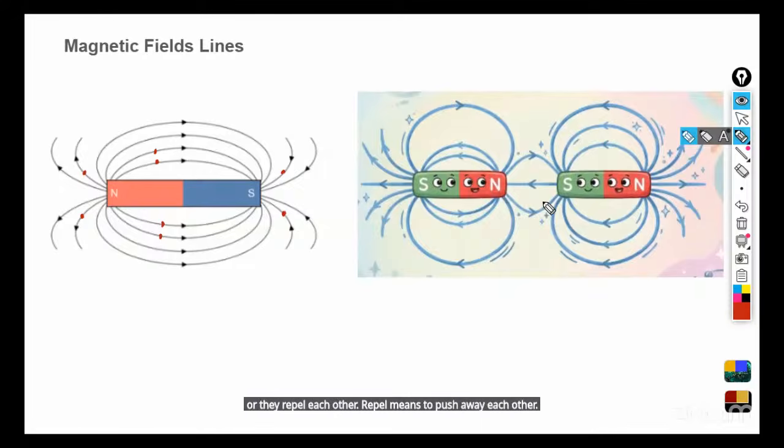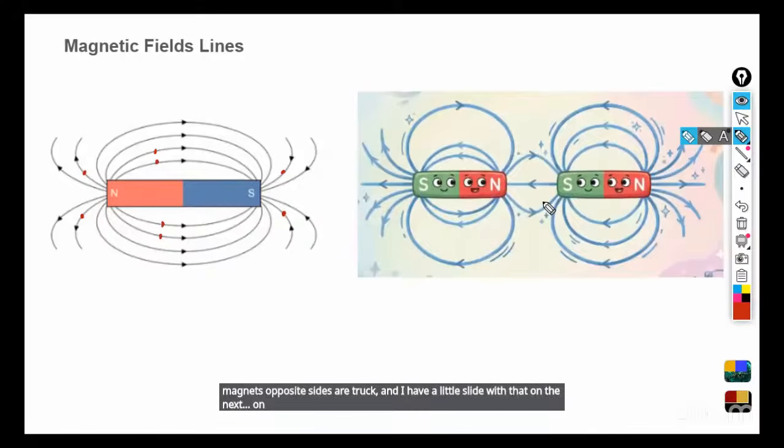Now, I just go in with common knowledge, right? Magnets, opposite sides attract. And I have a little slide with that on the next page. But opposites attract, meaning that a north is attracted to a south pole.